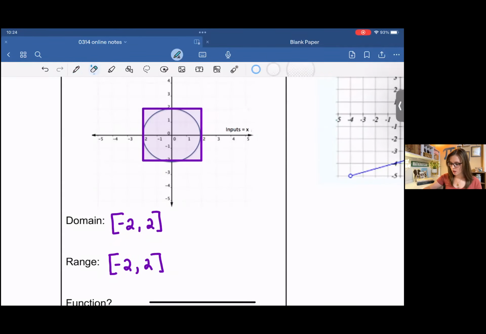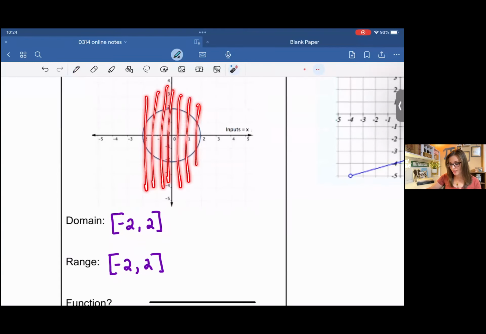I'm going to erase my box here so that it's easier to see. If I were to take a vertical line, a pencil or your hand or a finger, and run it across the graph, at any location, if it hits 2 points at the same time, it fails the vertical line test.